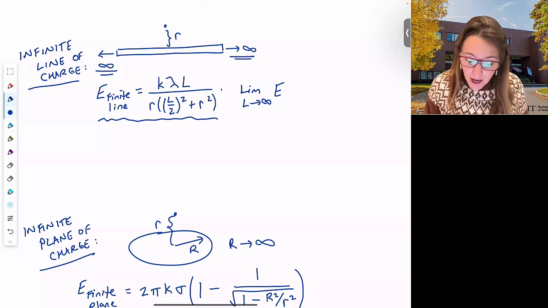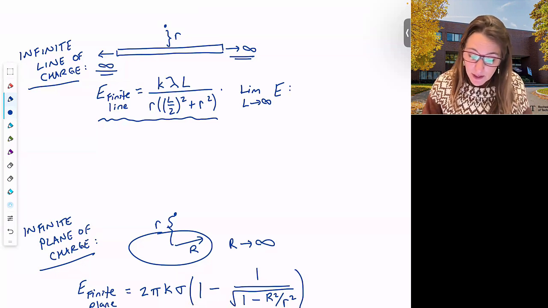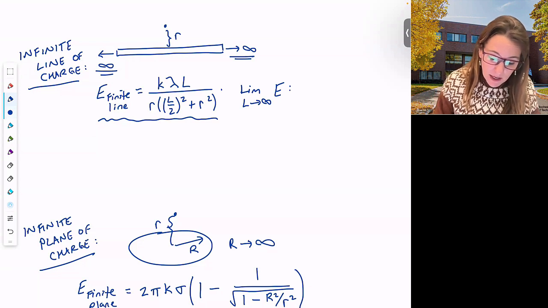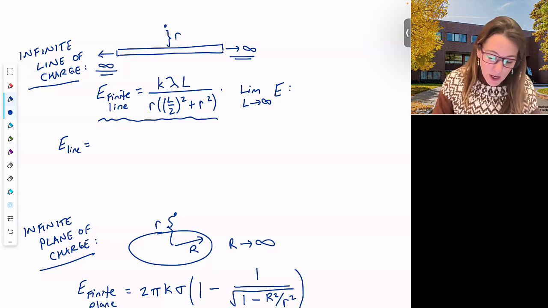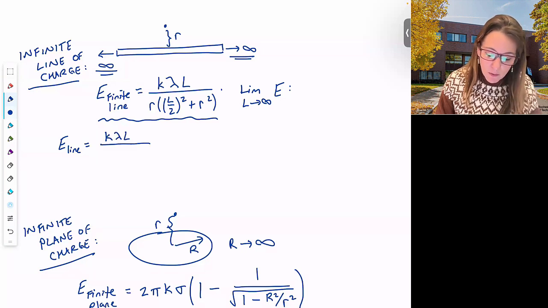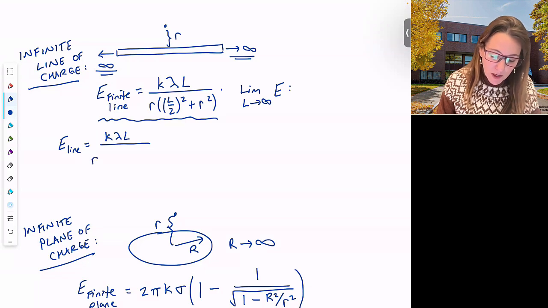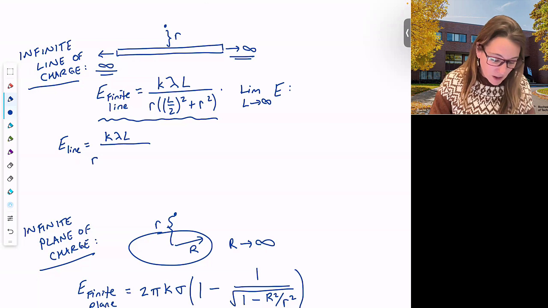One easy way to think about taking that limit is to rewrite E for the line as k lambda L over, and out of this bottom part, I'm going to pull out an L over 2. So I have r, which is just what I'm calling the distance away from the line, times L over 2.